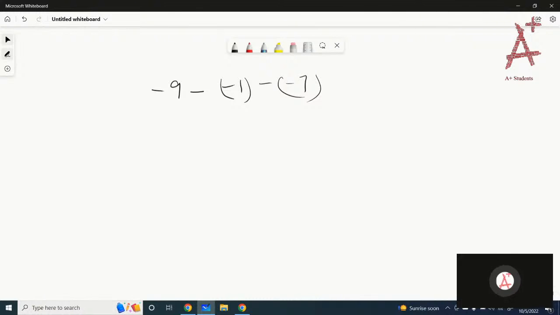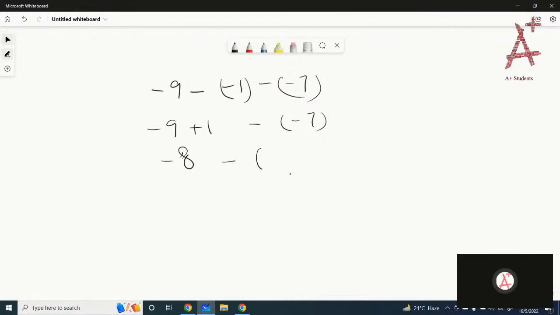So subtracting a negative number is the same as adding. So it would be negative 9 plus 1. Negative 9 plus 1: 9 is the greater one and it has a negative sign, so the answer must have a negative sign. And 9 minus 1, the answer is 8.